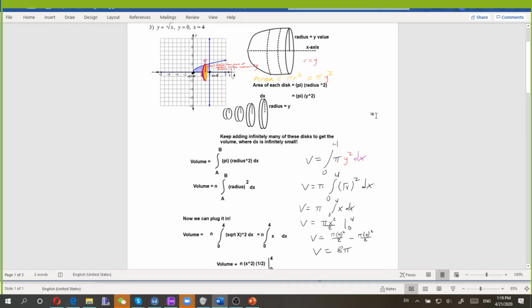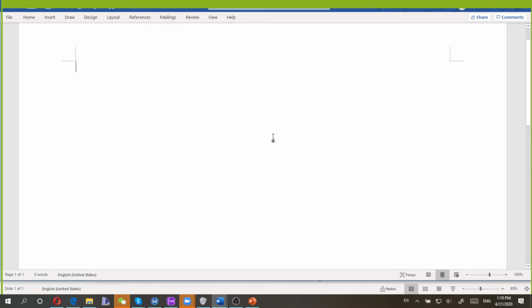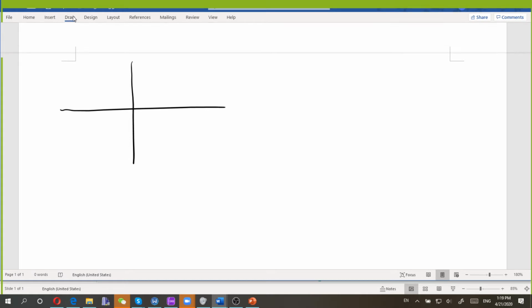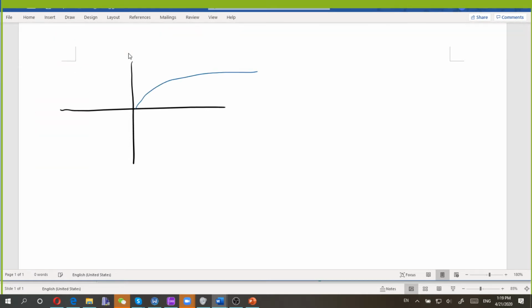Okay. I'm going to take our same example, and this time I want to be able to create a hollow shape. So instead of spinning around y equals 0, I'm going to take this function here in blue, which was y equals the square root of x.